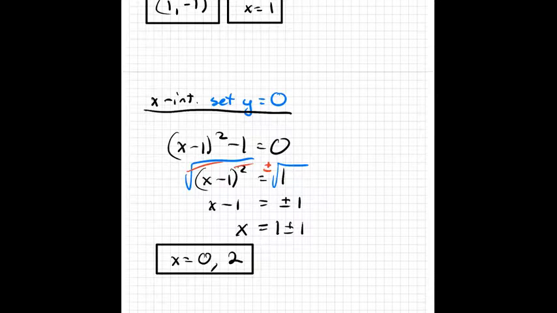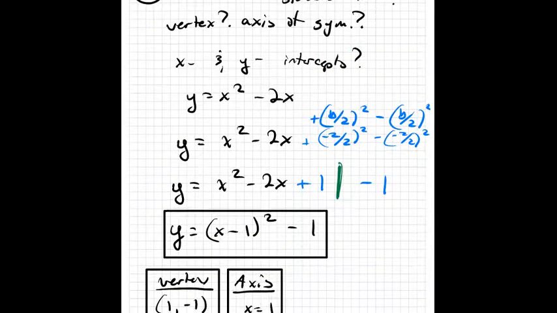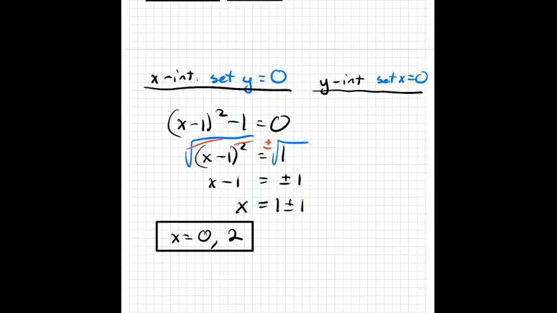For the y-intercept, what we do is we set x to 0. Set x equal to 0 and solve. Y-intercept often is a lot easier. If we go back to the original, right there, if we set x equal to 0, then y is 0. Right? So here we get y equals 0. Okay?